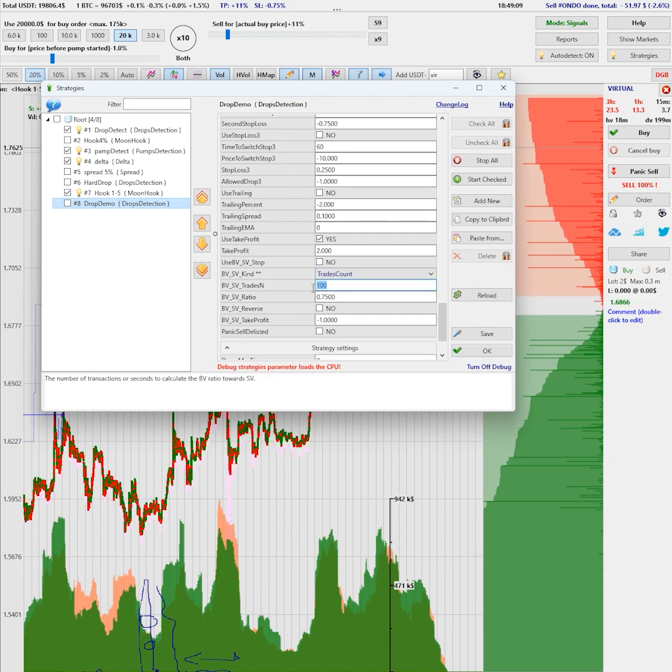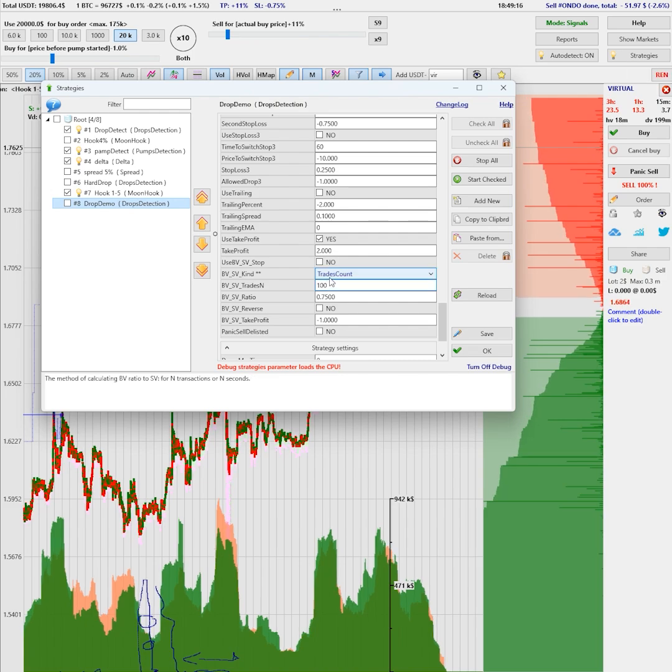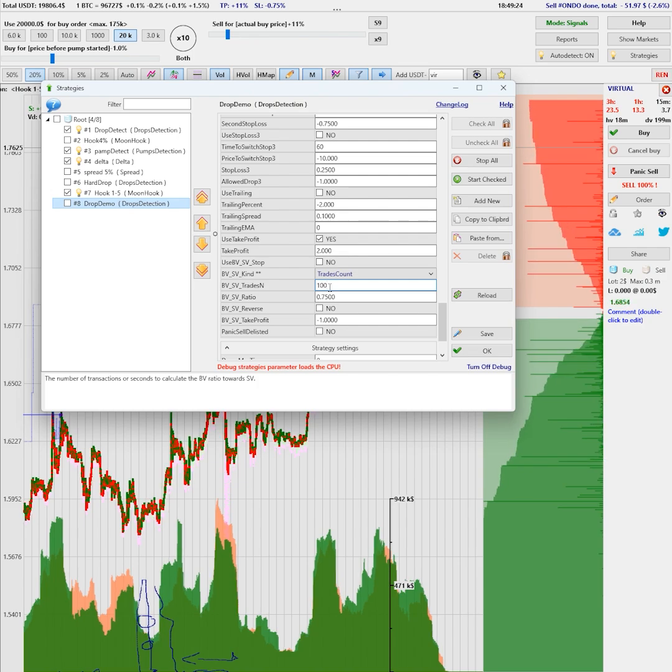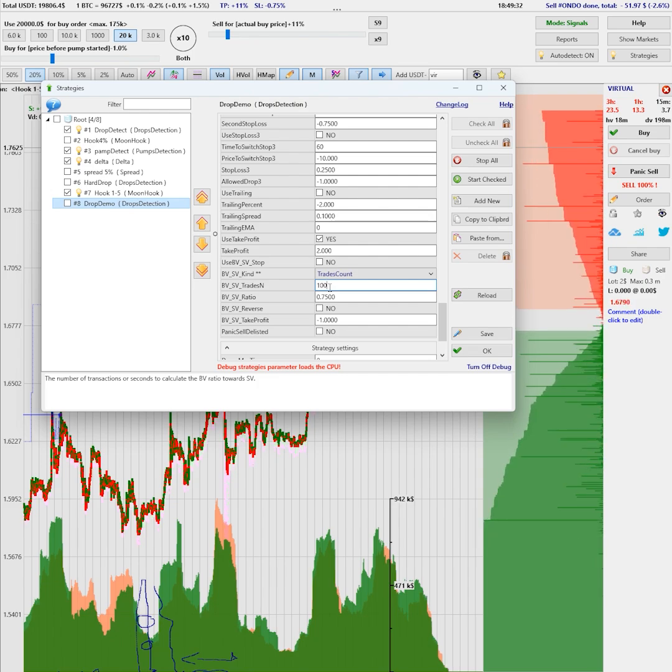And if you select trades count, it's going to be the number of trades. So whenever this is set to trades count, that 0.8 minimum above means that it's going to take the 100 latest trades, and it's going to calculate the buy and sell volume for those 100 trades. And then based on that, as soon as it reaches 0.8, it will make a market buy.